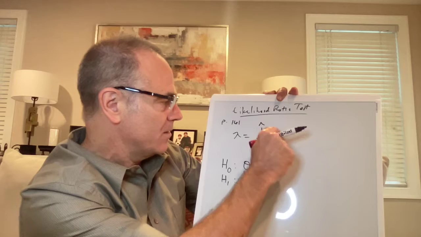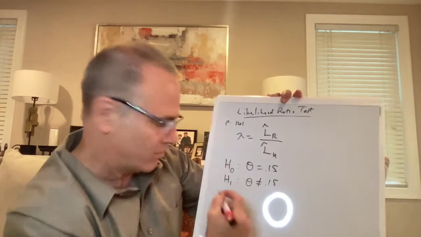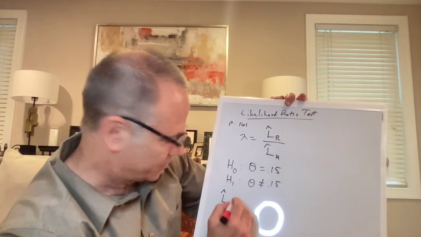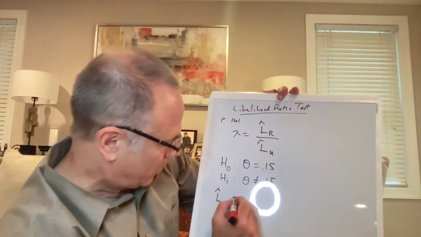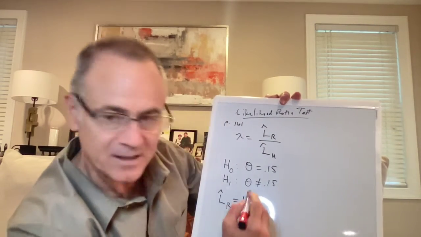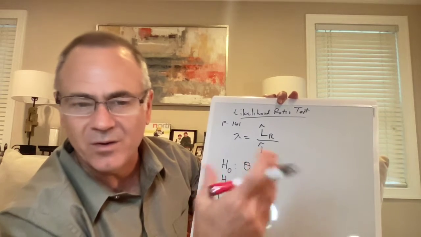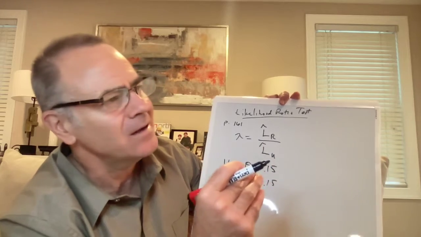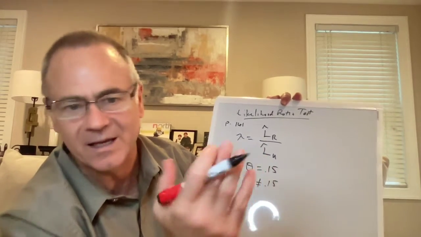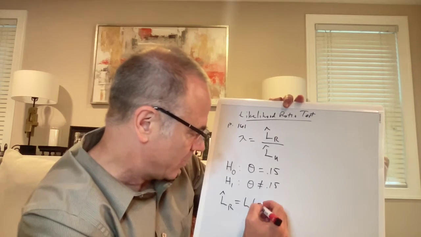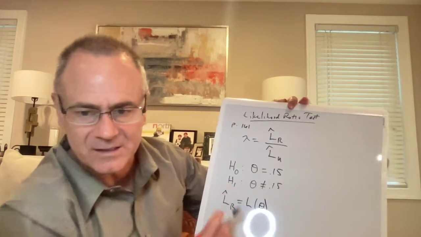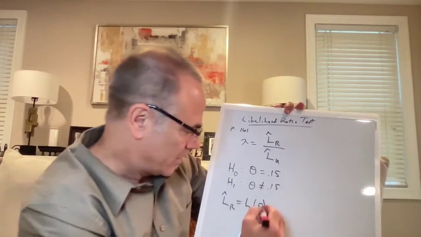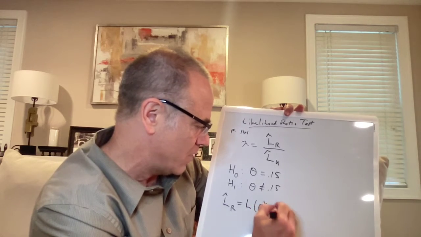Now you have your spreadsheet where we could easily compute this L hat R and L hat U. Specifically, L hat restricted would just equal the value of the likelihood, not the log likelihood, at theta equal to 0.15.